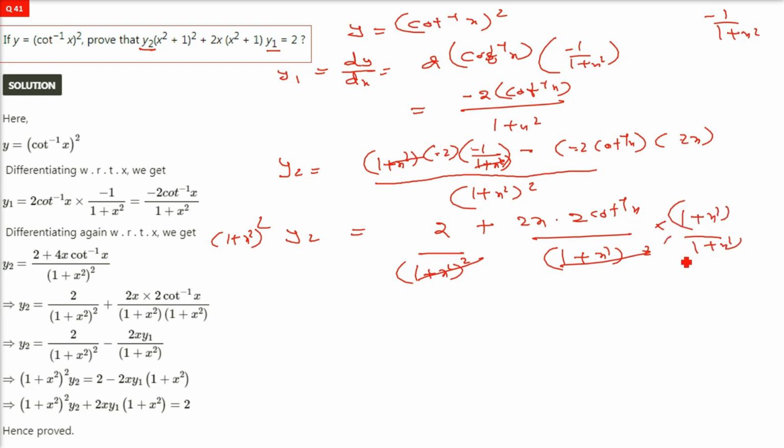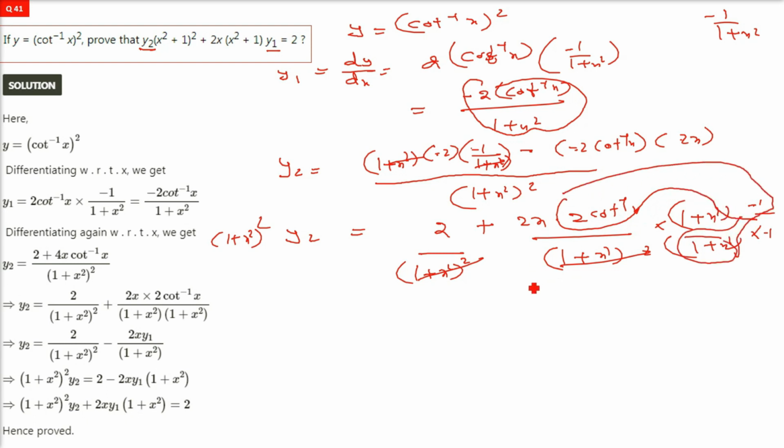One of the contents we got as y1, but it is negative, so I am multiplying by negative 1 in numerator and denominator, and this negative 2 cot inverse x divided by 1 plus x square is y1. So you have 2 plus y1.